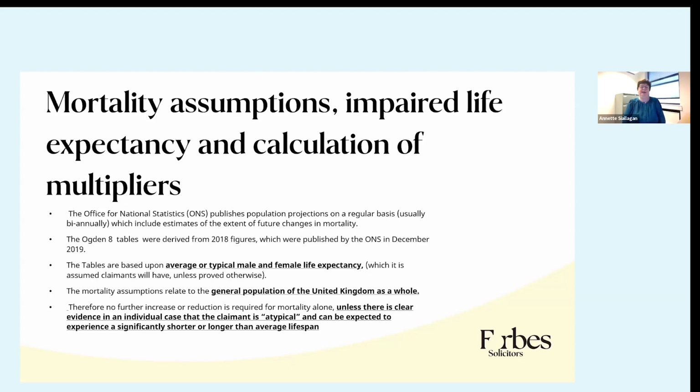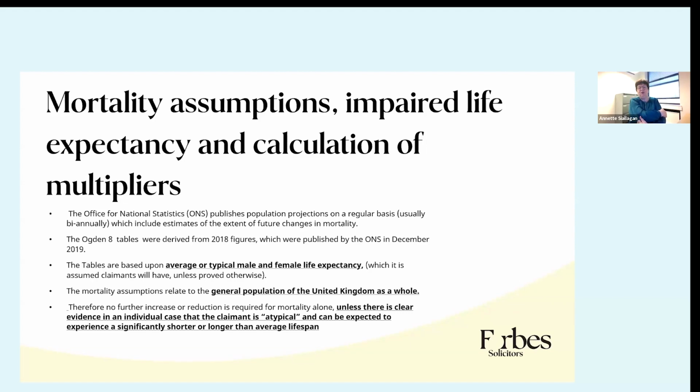So when they say average, they take into account smokers, non-smokers, people who drink, people who don't drink, people who have a healthy lifestyle, people who don't have a healthy lifestyle. So they basically take the average, and it's from the 2018 figures, and that's for the general population of the United Kingdom as a whole.